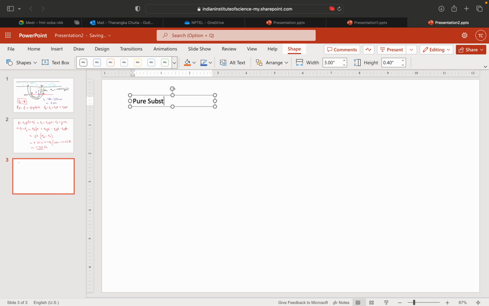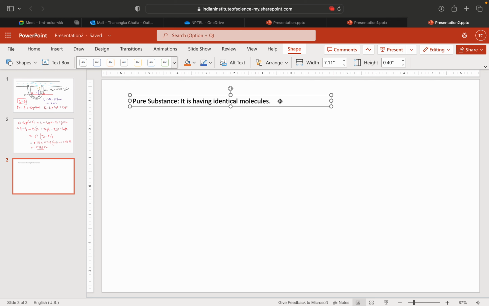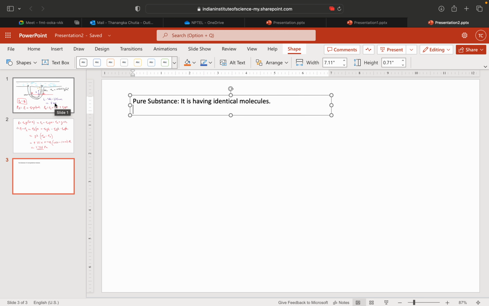So what is a pure substance? A pure substance is one which has identical molecules throughout its entire mass, so there is no mixture. If it is not pure, then it contains a mixture. For example, air is basically a mixture of oxygen, nitrogen, and many other gases.